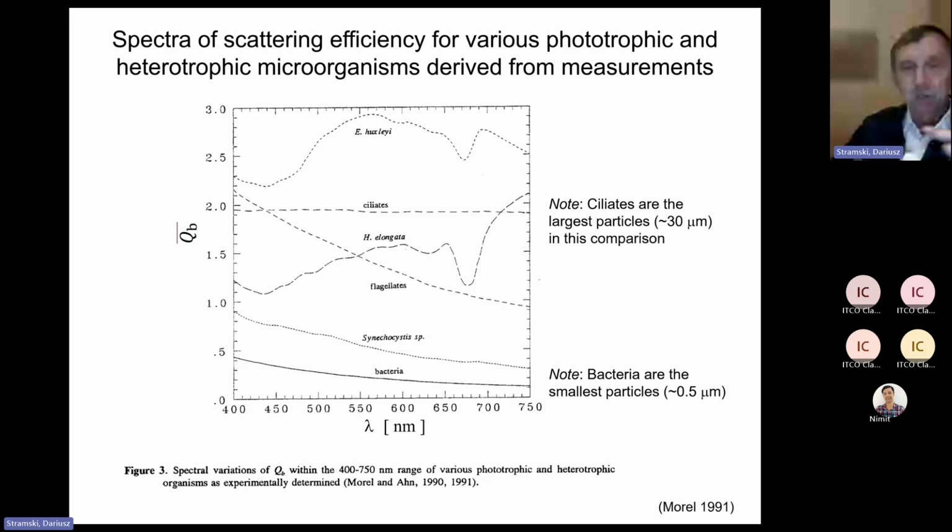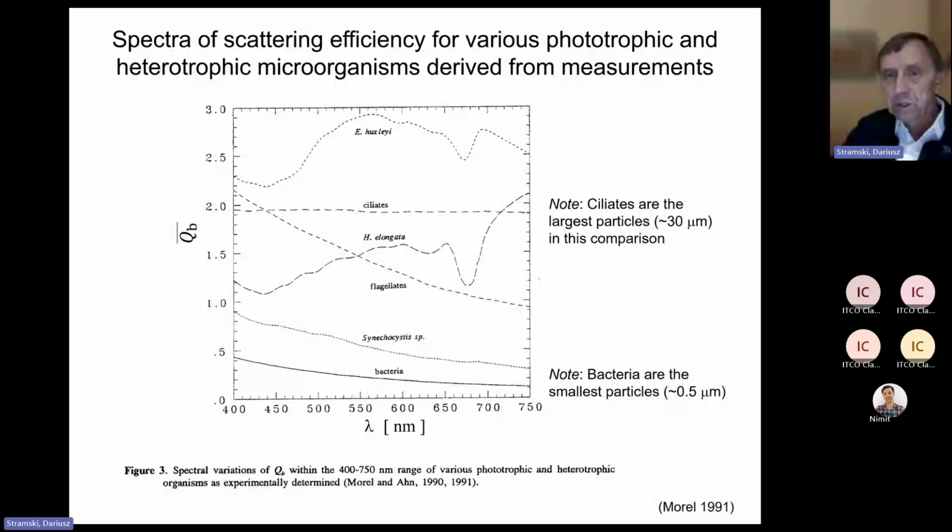So this all will together play an important role in how the net effect of bulk optical properties in the ocean is produced by different compositions and concentrations of different types of particles in ocean water.